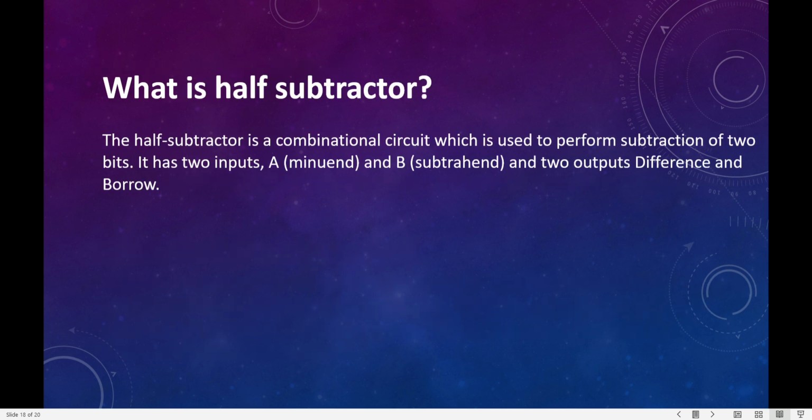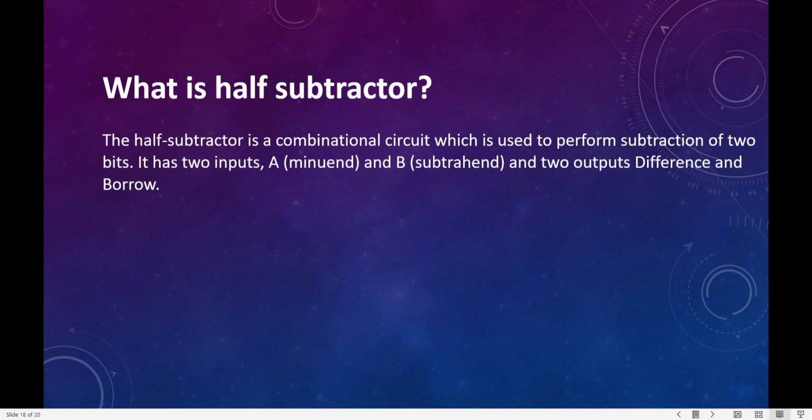And what is the half subtractor? The half subtractor is a combinational circuit which is used to perform the subtraction of two bits. It has two inputs, A the minuend and B the subtrahend, and two outputs, difference and borrow.